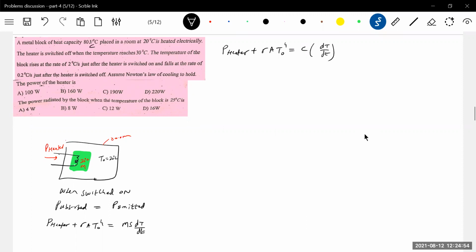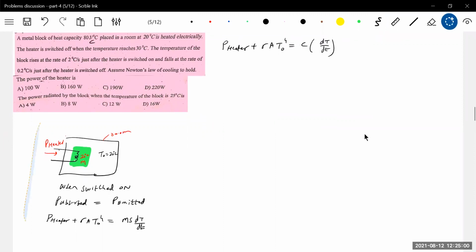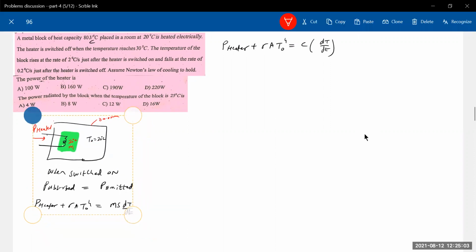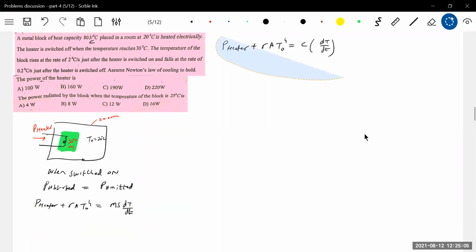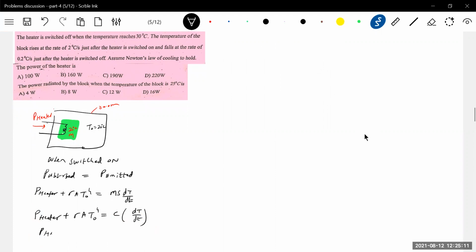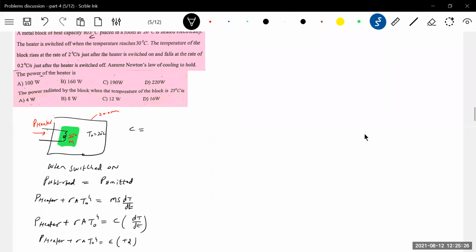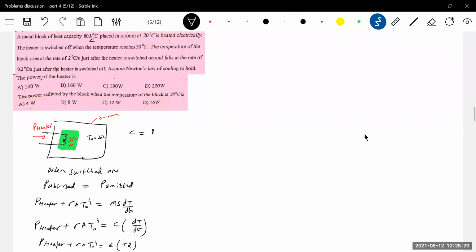This is one equation. The value of C is 80 joules per degree Celsius.